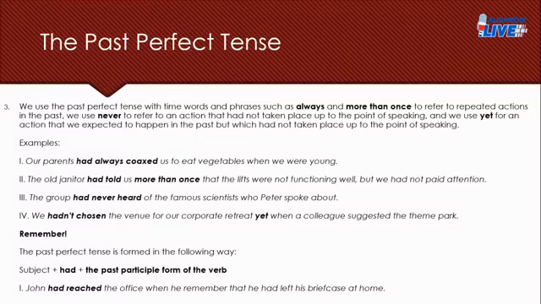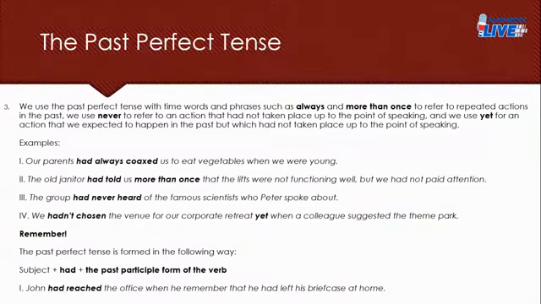So first you put the subject followed by had. It has to be had because it is the past perfect tense. Then the past participle form of the verb. In this case, we're using reached. John had reached the office when he remembered that he had left his briefcase at home.